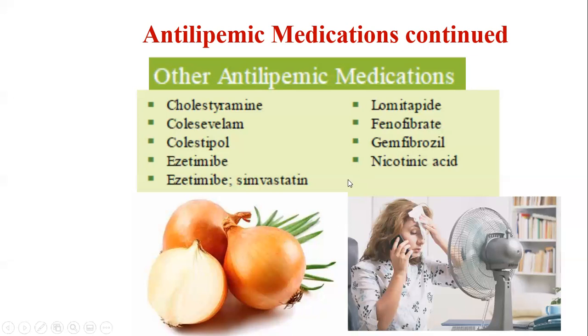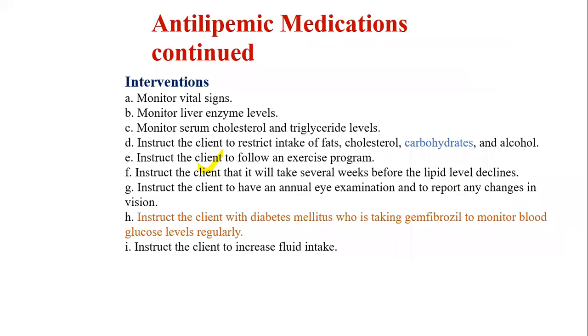If my patient takes nicotinic acid or niacin, it is good to check the blood glucose level and also monitor the liver function test. Nicotinic acid has common side effects. They can cause flushing or hot flashes, nausea, indigestion, gas formation, or diarrhea.